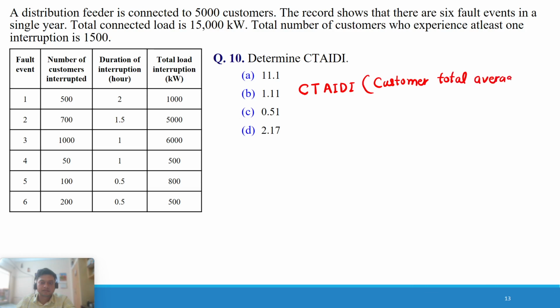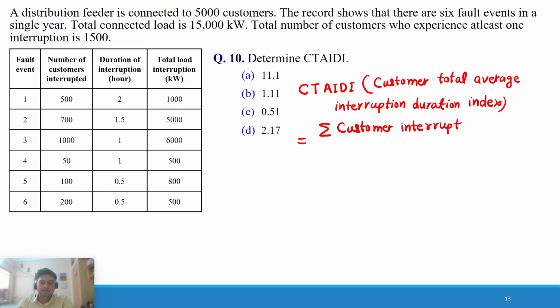It is defined as the ratio of customer interruption durations to the total number of customers interrupted.